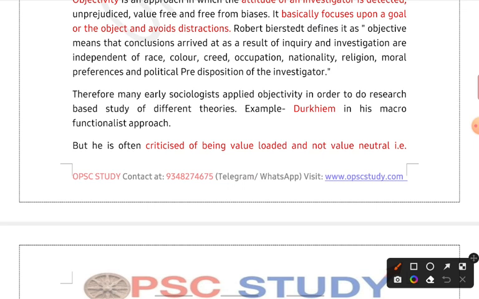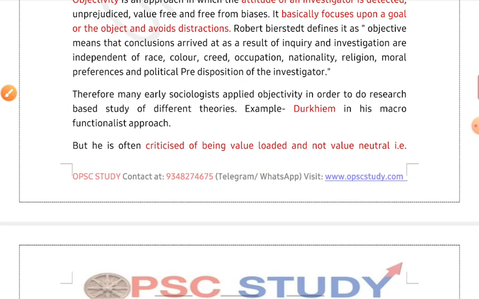So the early sociologists applied this objectivity more in their research, because objectivity is more related with the natural sciences, so they were trying to study sociology based on natural science. It was more or less objective in nature, like Durkheim's macro functionalist approach.